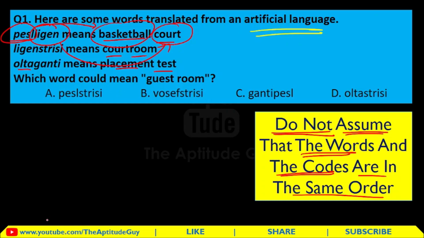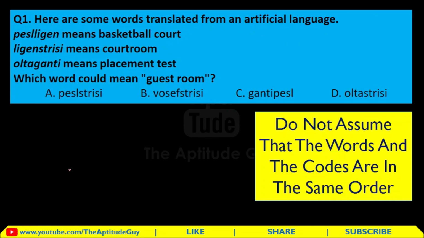It may be the code, but we are not supposed to assume it. Very few times they will be in the same order, but most of the times they will not, because this is another artificial language and we have absolutely no idea about its grammatical rules.